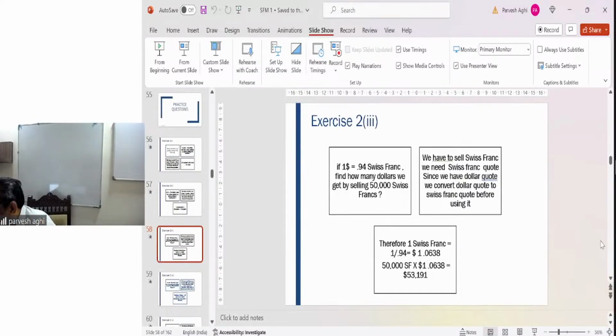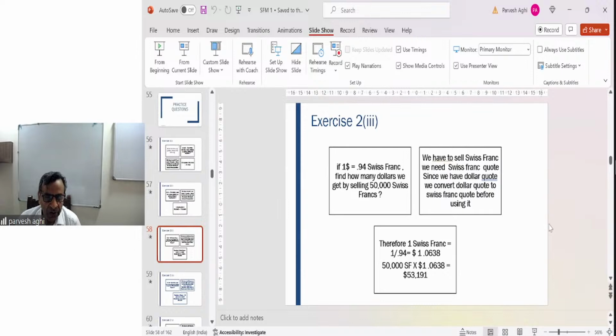Now we can also do it one way: just divide 50,000 by 0.94, and we'll get the same answer, about 53,000. Either we convert by making a reciprocal, or we simply divide 50,000 by 0.94, because it is nothing but the reciprocal.